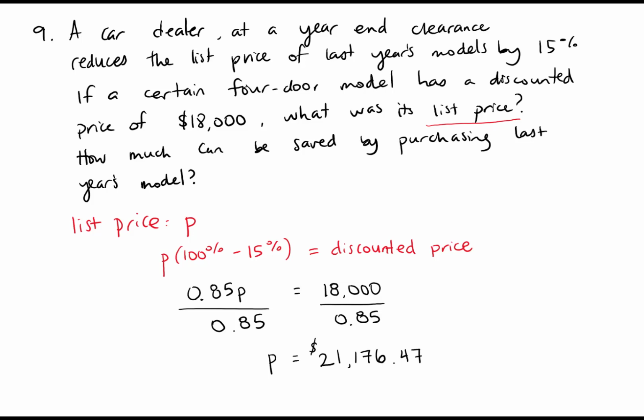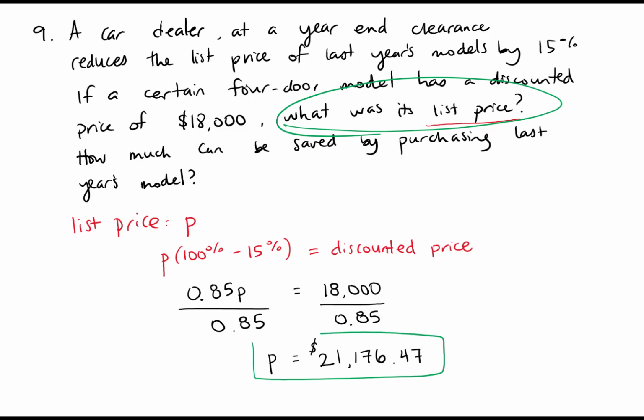We just answered the first question. The first question is, what is the list price? The list price is $21,176.47. How much can be saved by purchasing last year's model?